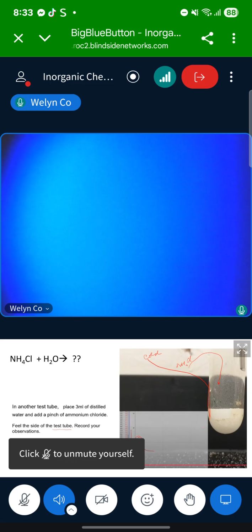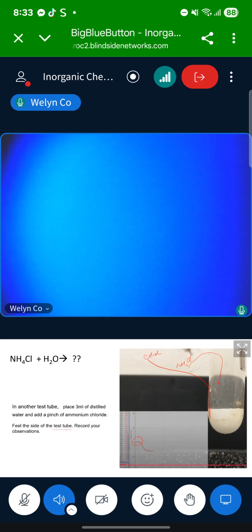Okay? When ammonium chloride is added into the solution, here is the flow of the temperature. It is decreasing. It means it releases energy, no, to the reaction. But when we feel the sides of the container, what will happen to the energy?